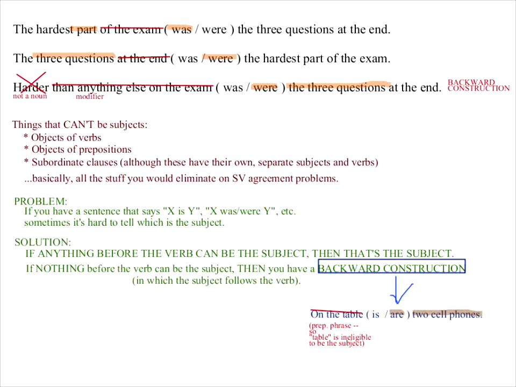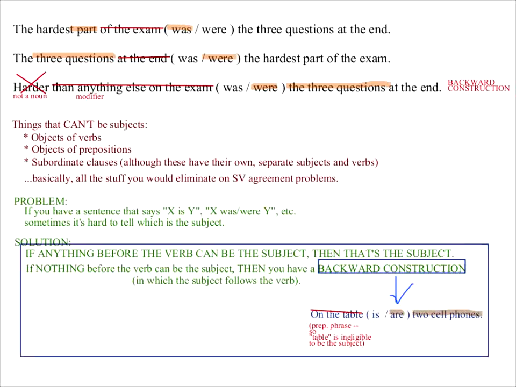So here's your takeaway in that regard. Okay, if anything before the verb can be the subject, then it's the subject, period, end of story. You only use backward constructions when there's nothing in front, whether it's a pronoun or a noun or whatnot, that can be the subject. Smiley faces if you guys understand this material.